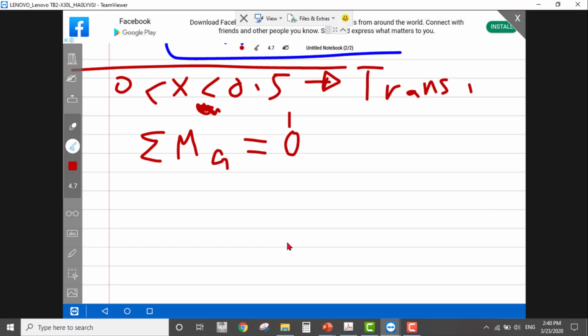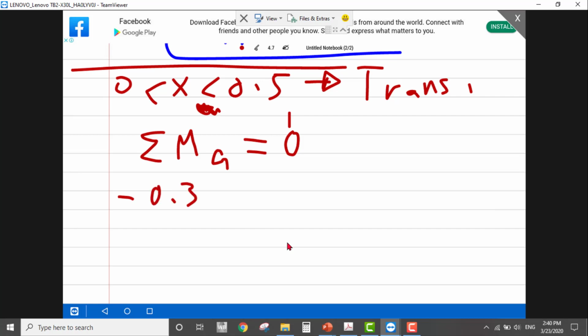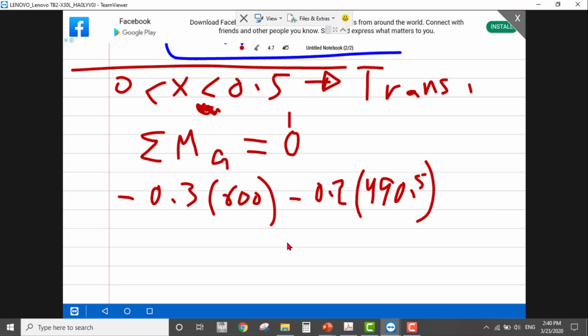So summation of moment about G equals 0. We have negative force coming from the external force, far away distance 0.3 multiplied by 600, minus friction force, which is 0.2, the kinetic friction coefficient, multiplied by normal, 490.5.